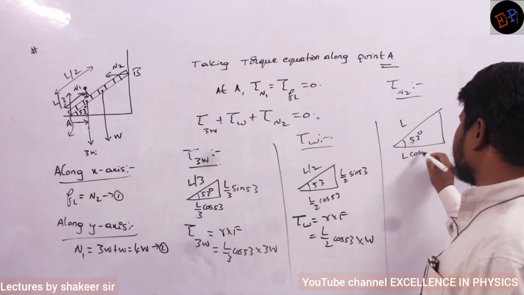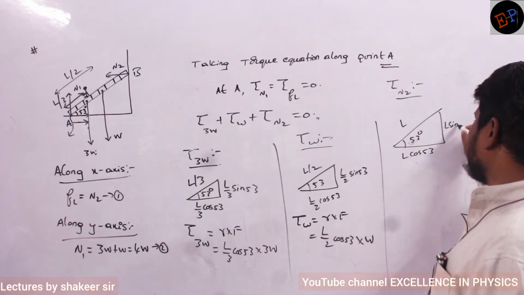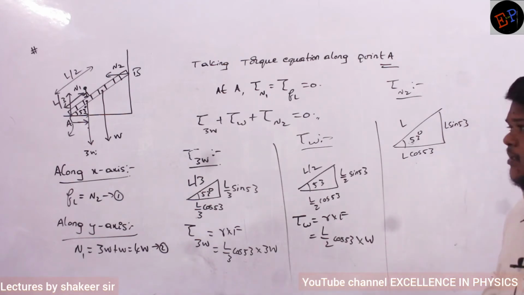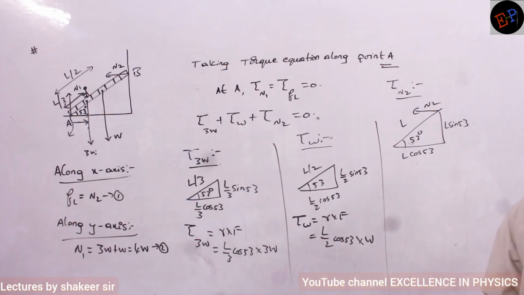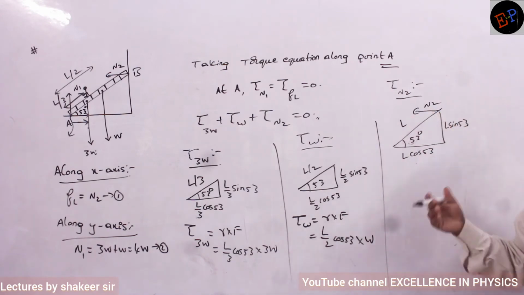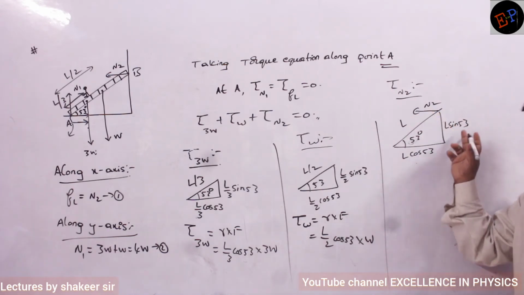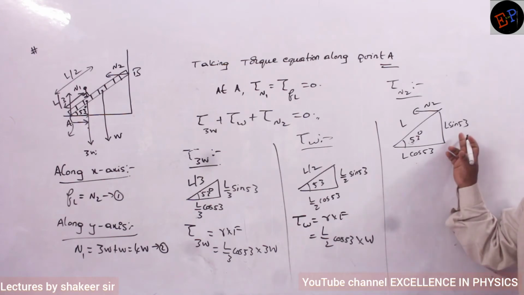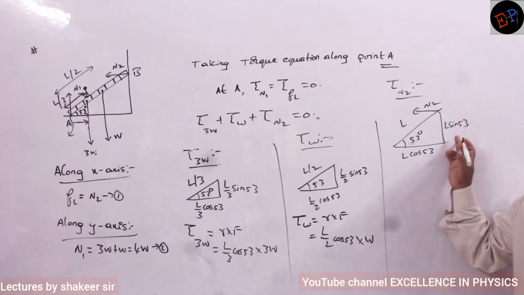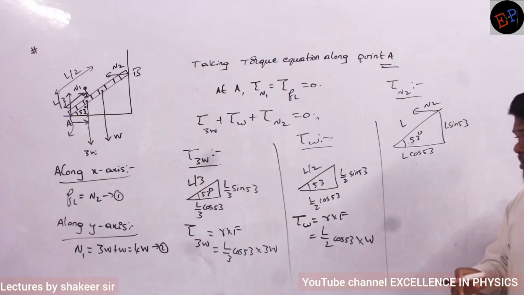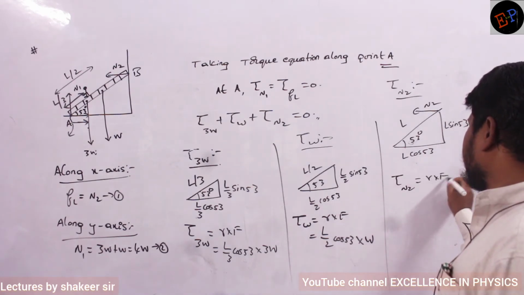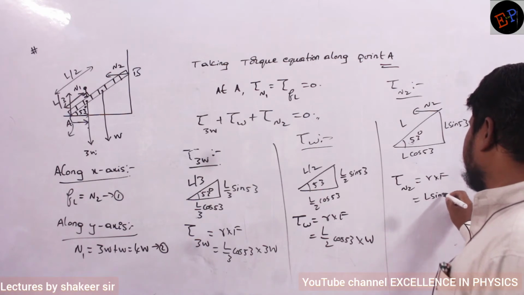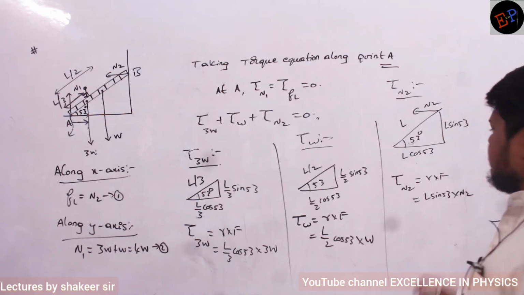So this is L cos 53 and this is L sin 53. But N2 is acting here, no? So which is the perpendicular distance? L cos 53, L sin 53. L sin 53 is the perpendicular distance from the axis of rotation. So therefore torque due to N2 is again R into F. Radius vector is L sin 53 multiplied by force N2.